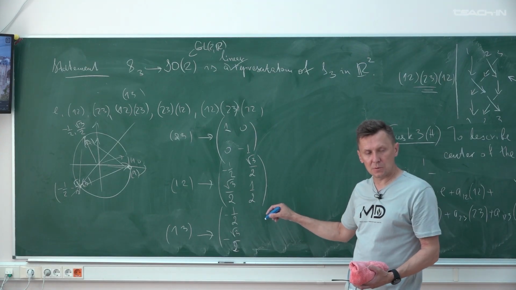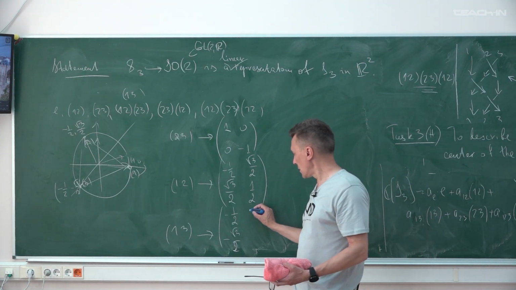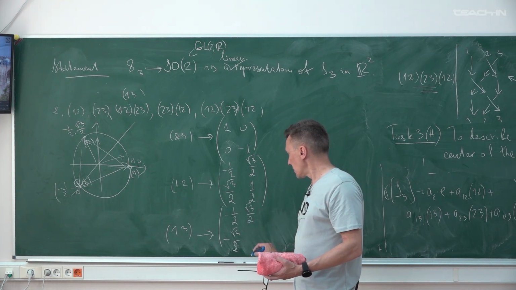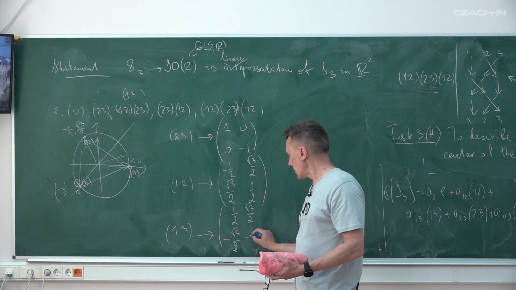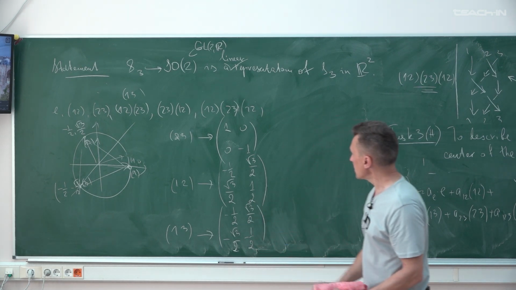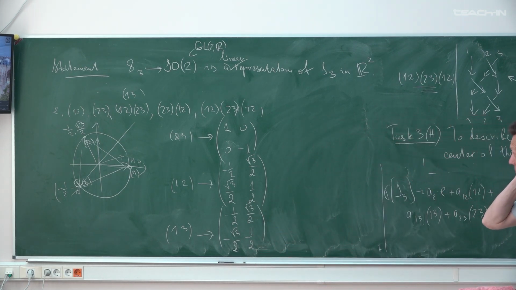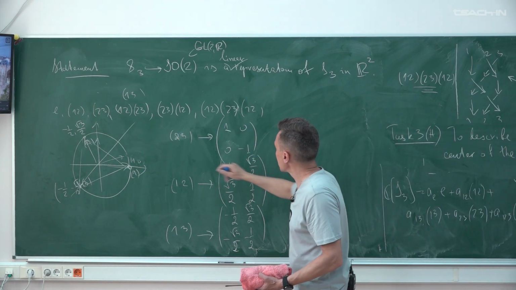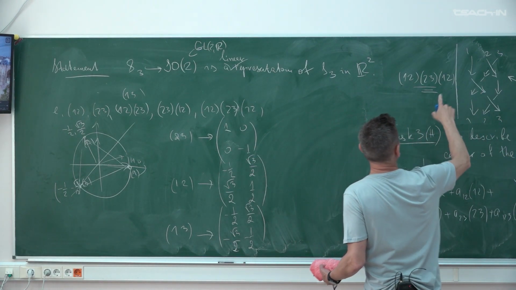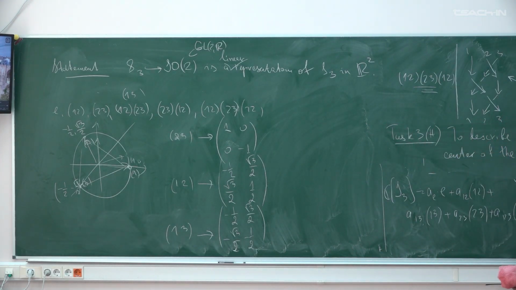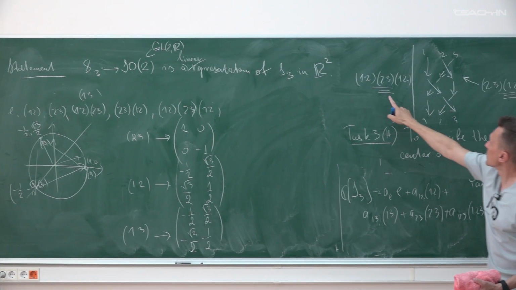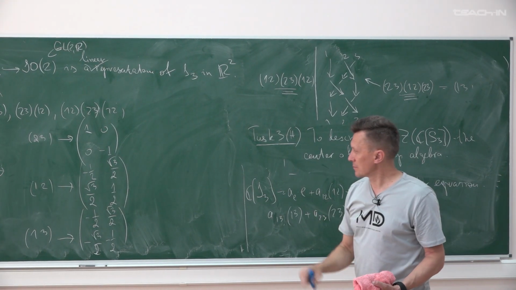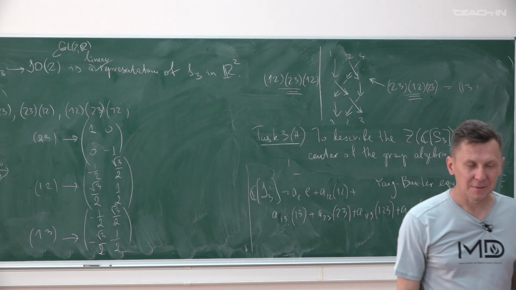The column. Yes, column. So it's like root 3 over 2 and minus 1 over 2. Yes. Okay. We can try to verify that both of these products are equal to this one, by matrix multiplication.